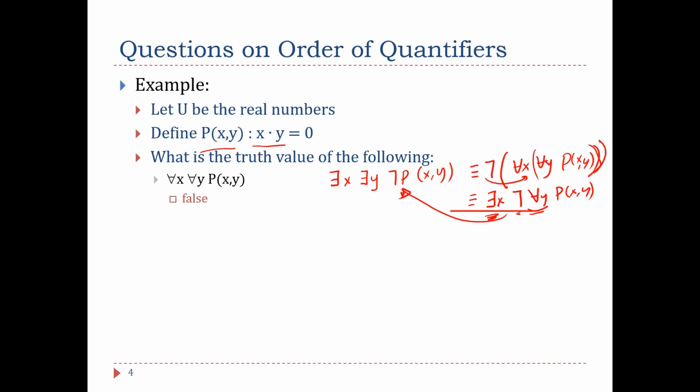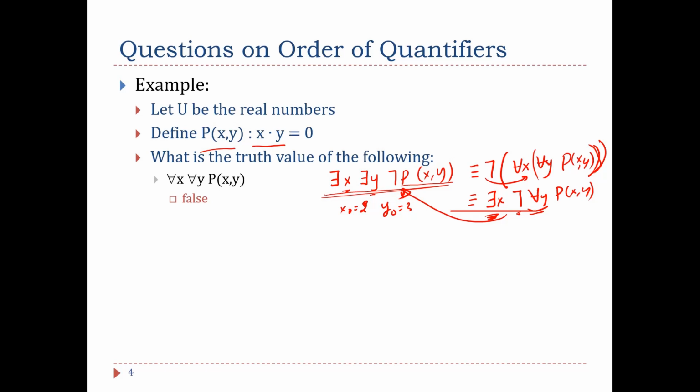So if it is not the case that for any two real numbers their product is equal to 0, to prove this, you need to show that for two particular values, at least two particular values, it's not true that their product is equal to 0. And you can easily find those x and y. Just consider x0 equal to 2, as I said, and y0 equal to 3, or any other two numbers whose product is not equal to 0.